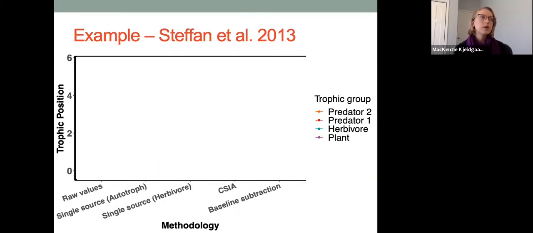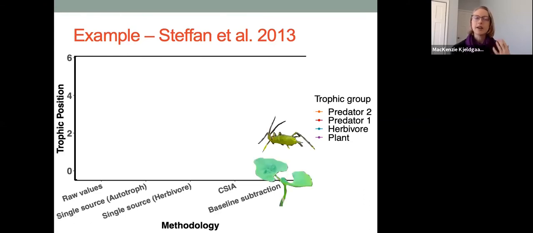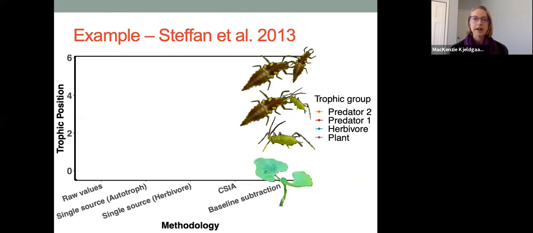So for example, this is data taken from Stefan et al. 2013. Here I have methodology once again on the x-axis, estimated trophic position on the y. What's particularly great about this data set is that it was a controlled feeding study. So we know that there should be 4 distinct trophic groups. That includes a plant, an herbivore, a primary predator, and a secondary predator.